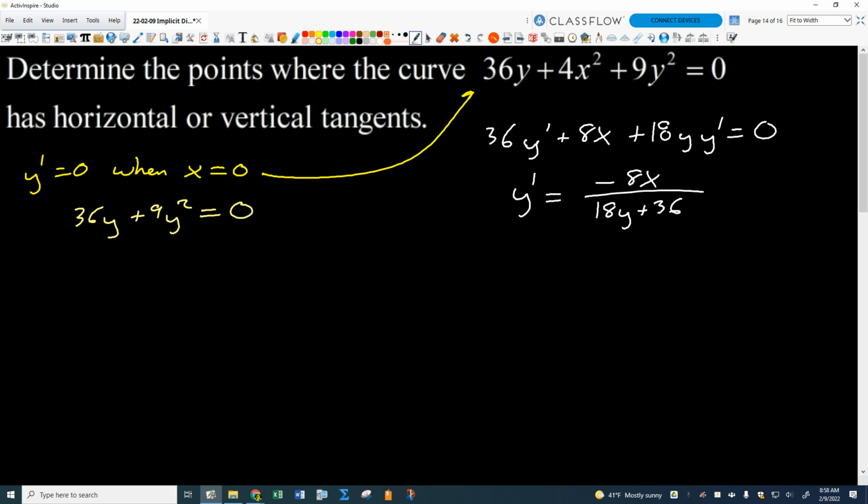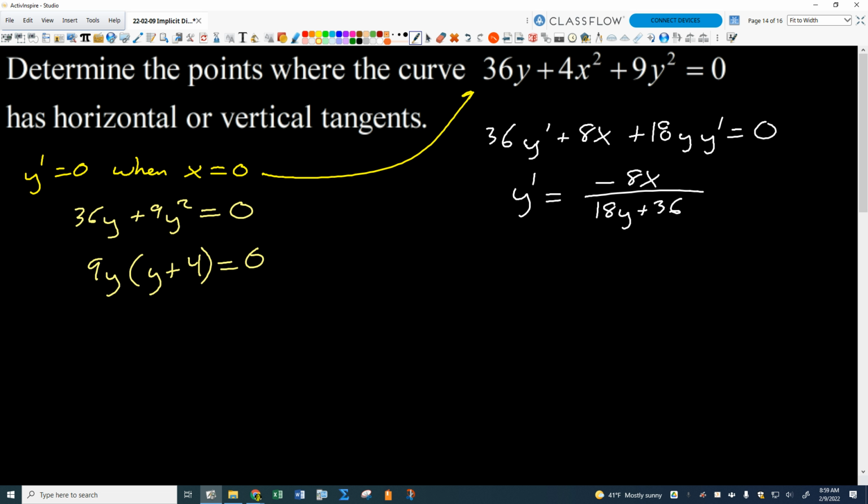What do you think, Shay? What are we going to do next here? So when x is 0, that's the equation that we get. Yeah, good. We solve for y. Good. Could we clean this up a little bit? 9y. Okay, good. So we factor out a 9y, and then we're just left with y plus 4 equals 0. So what are my solutions then? When x is 0, what are the values of y?